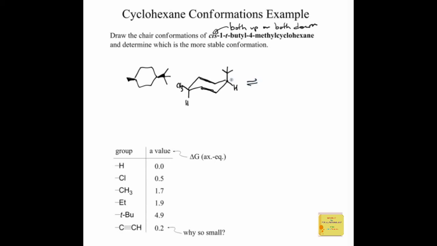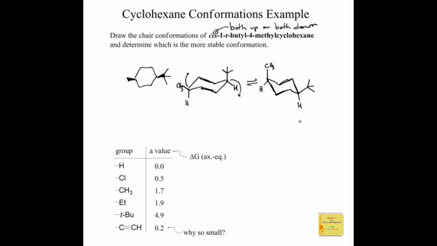The other chair conformation, where we bring this down and we bring this up, would look like this. There's our other chair conformation. Now our methyl group is up here in the axial position, and our tert-butyl group is up here in the equatorial position.